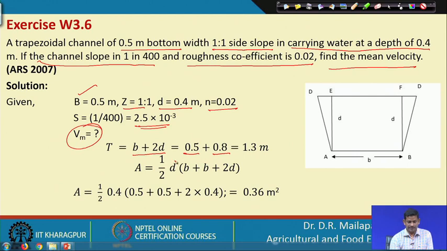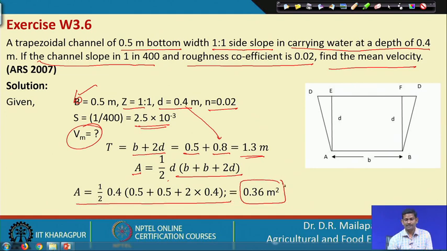The top width is 1.3 meter, and A is equal to 1 by 2 D into (B plus T), that is (B plus D) plus (B plus 2D). If you substitute the values, you get A as 0.36 meter square.